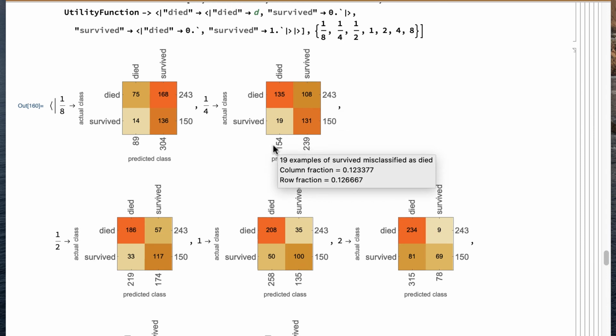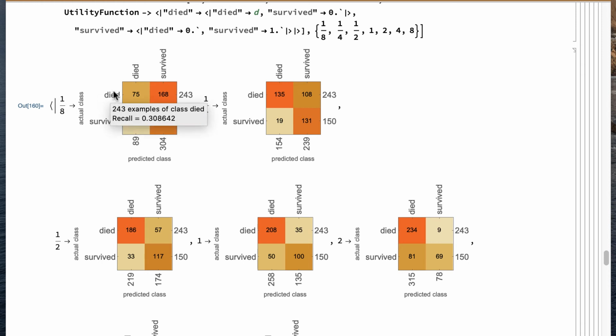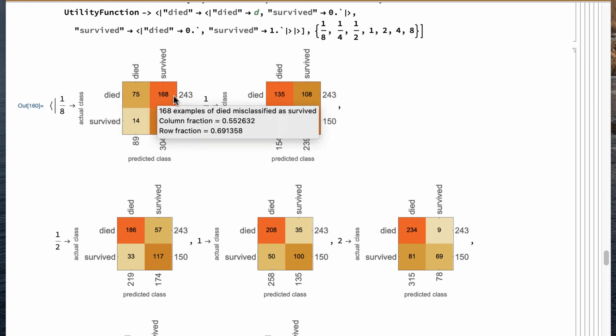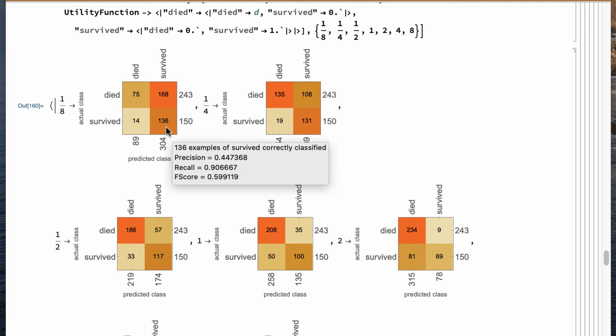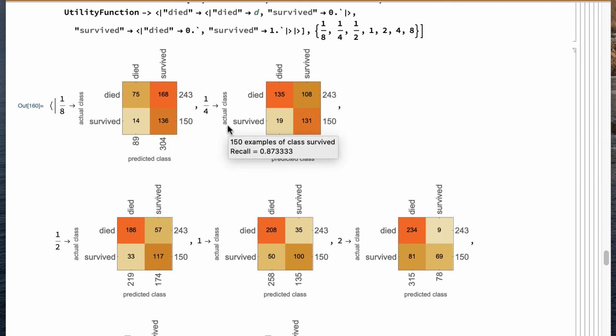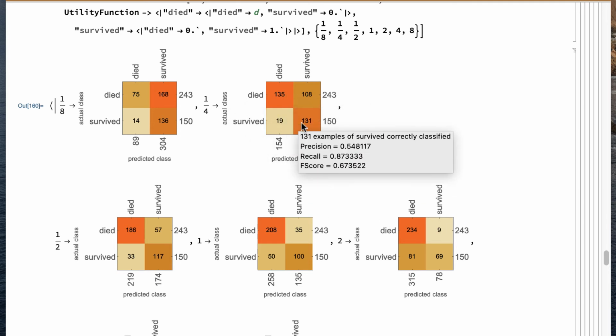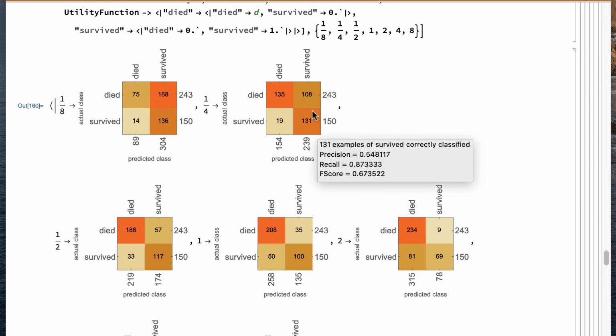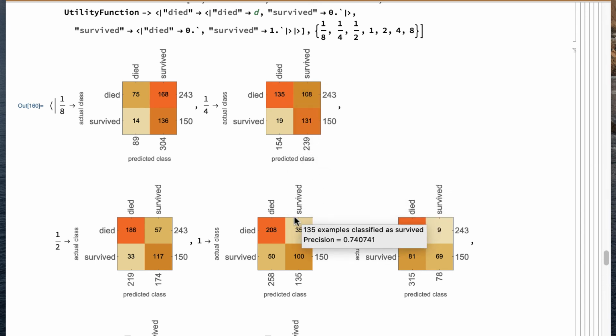And here we are. So you can see that when guessing death correctly is only worth 1/8 as much as guessing survival correctly, we're sort of leaning heavily on survival. But now as we start to increase the value of getting death right, we're starting to see migration, at least here, from the survival category to the death category.